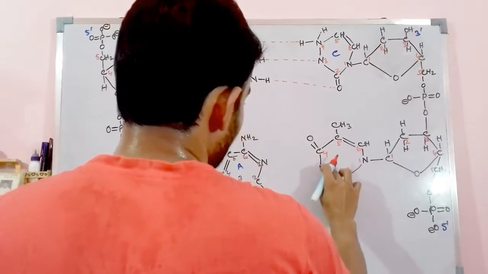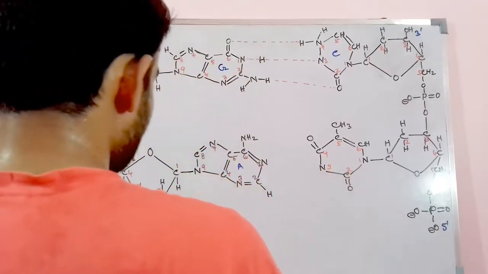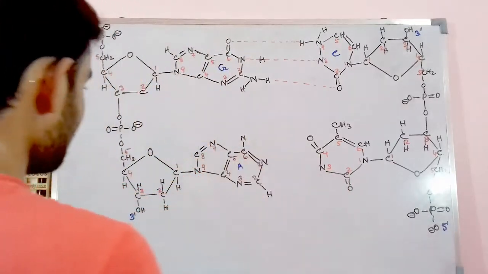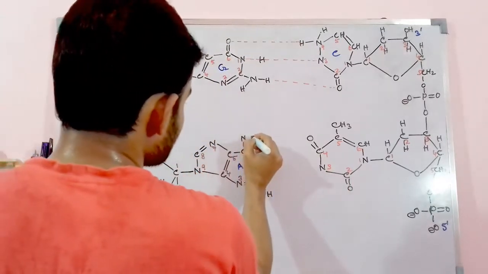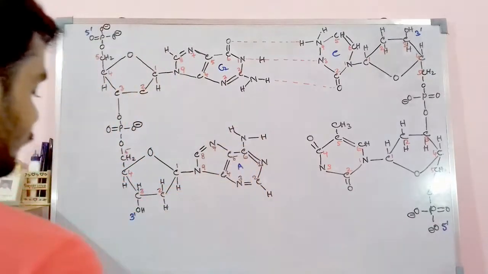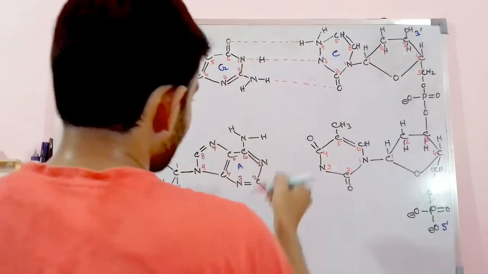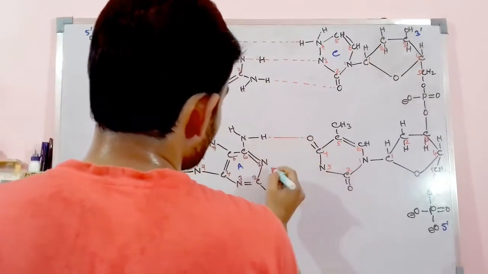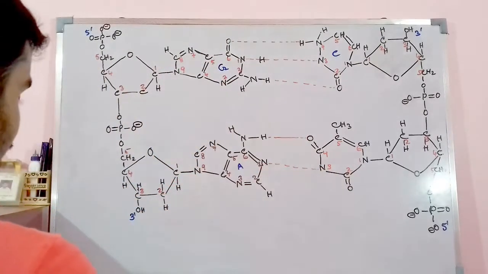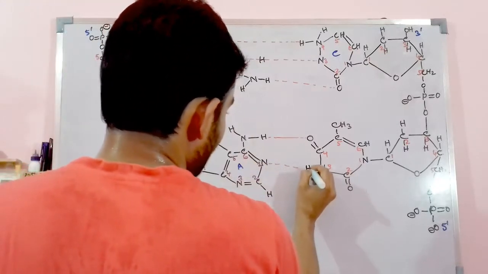Here, how is the bond formation happening in these cases? This nitrogen present here is having two hydrogens, as I've mentioned, NH2. Now one of the hydrogens of this NH2 will form a bond with this oxygen, and this third nitrogen will form a bond with the first nitrogen of the adenine, where there is a hydrogen present.